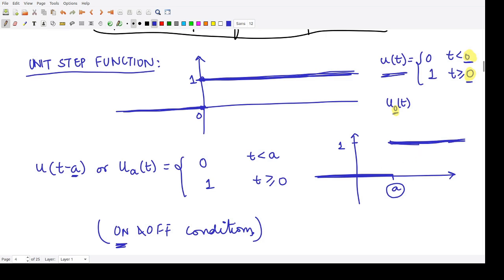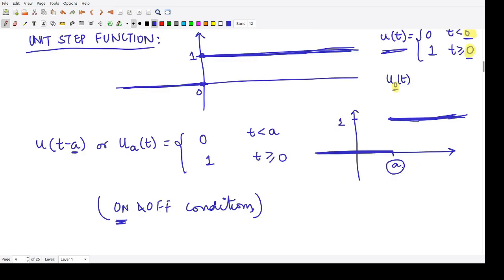So I multiply this by unit step function. That is the utility of this function. We are saying after a units we are switching on the device.